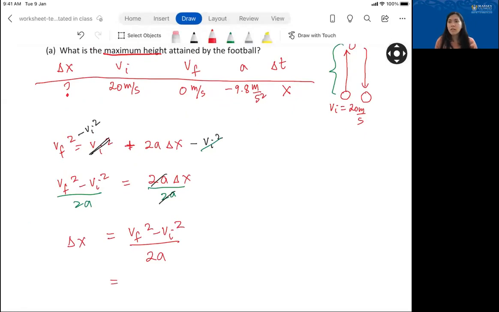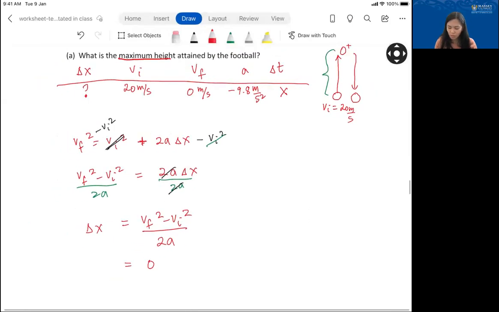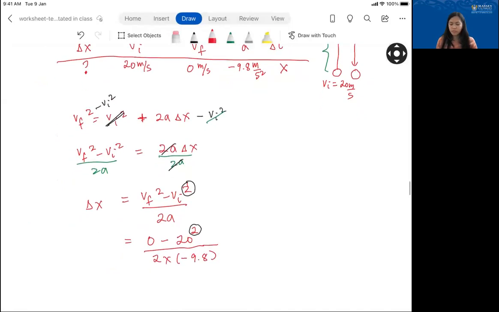VF squared is 0 at the maximum height. Initial velocity was given to be 20 meters per second. Don't forget there's a square, so don't forget to square your VI and divide that by 2 times, again, don't forget your negative, the 9.8 meters per second squared.